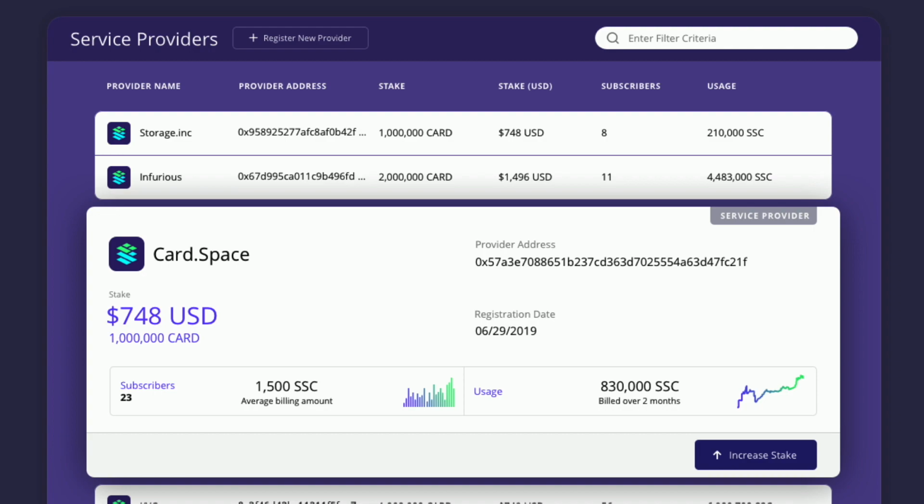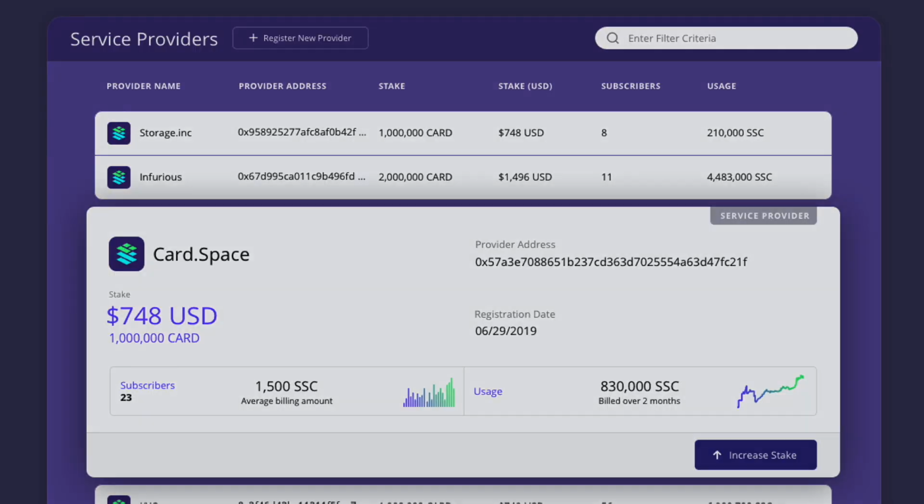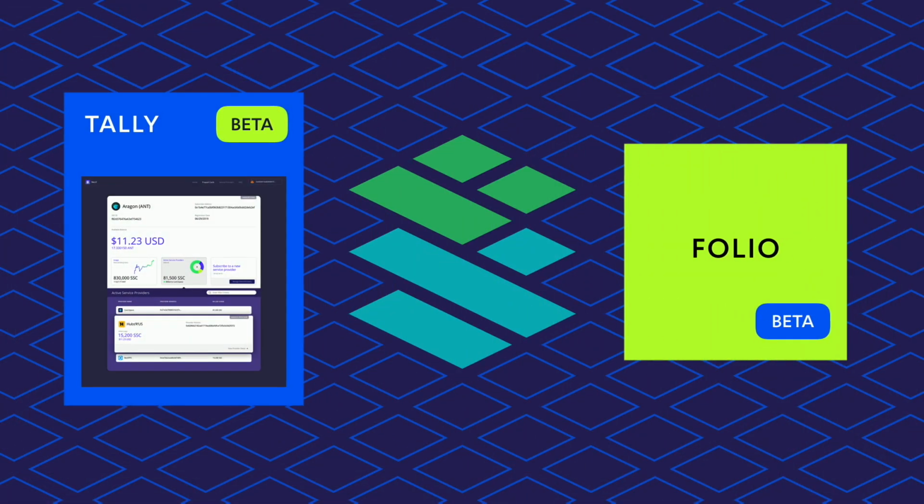That's the idea here: the service provider manages the customer relationship from their angle, and Tally is like a neutral accounting administrative web dashboard for that to happen. So that's Tally. The capability of Tally and the UI on Tally is going to be launching soon, and this is actually acting as the oracle to the smart contract, so that the same data that users are seeing in a Tally node is the same data that's informing activity on chain.